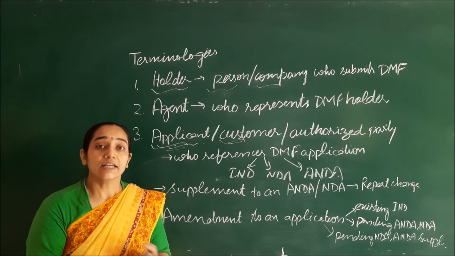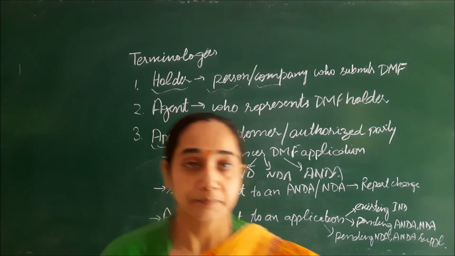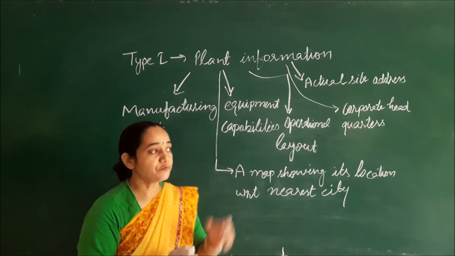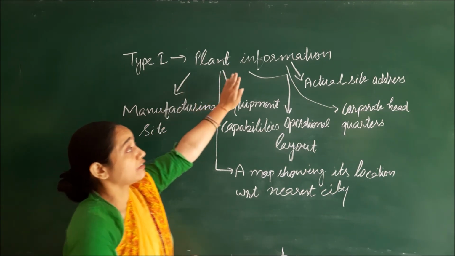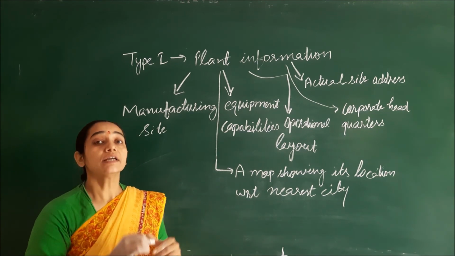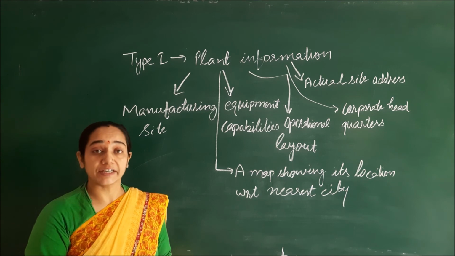Now we will discuss the different kinds of DMF in detail. The type 1 drug master file will contain all the information about the plant, meaning where the manufacturing site is present.